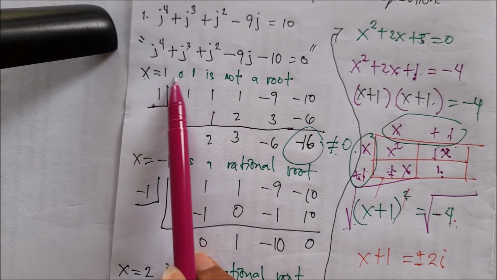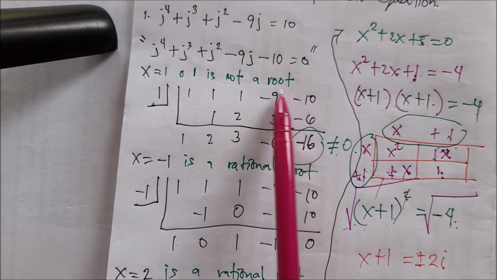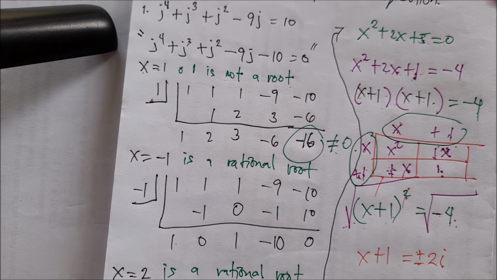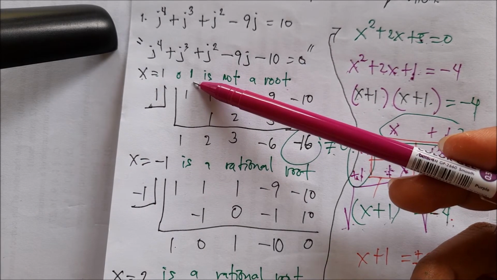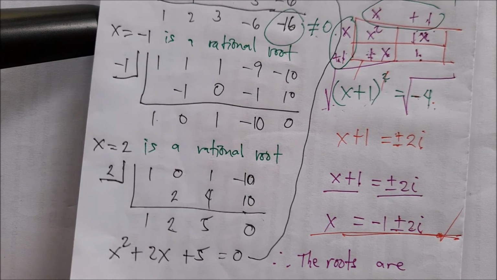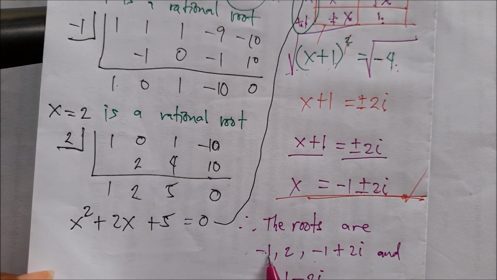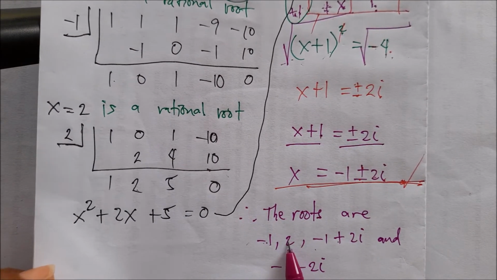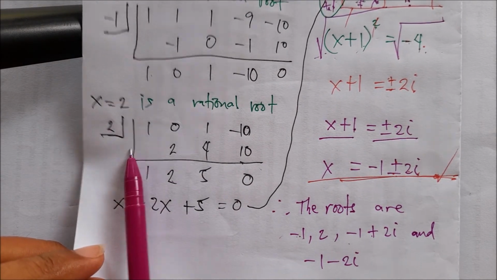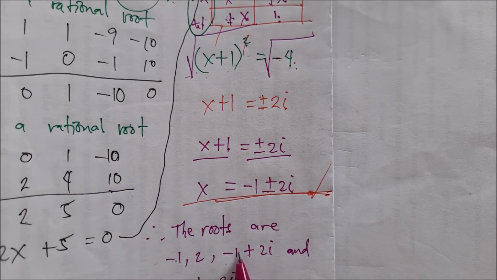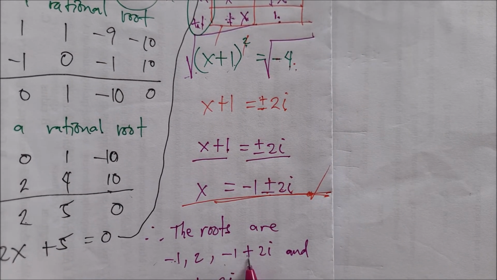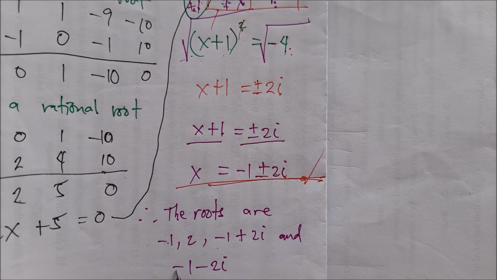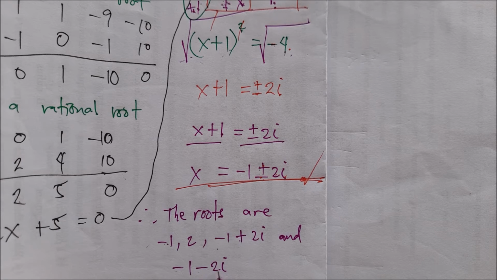Since the positive 1 is not a root, so no need to include it. All the roots are negative 1 from the first synthetic division process, positive 2 from the second, and the third is negative 1 plus 2i from the result, and lastly negative 1 minus 2i.